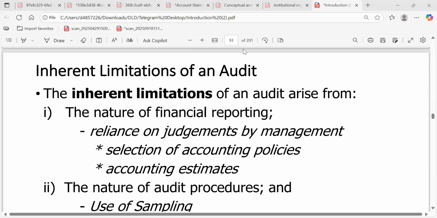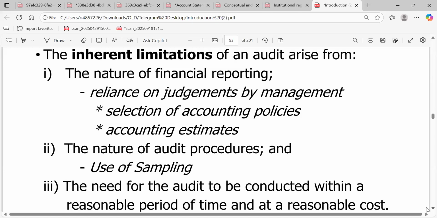There isn't much the auditor can do because the auditor doesn't select the accounting policy and estimate. These things are done by management. Management uses their judgment to select these things. So because of that, it causes what we call what? An inherent limitation in audits.